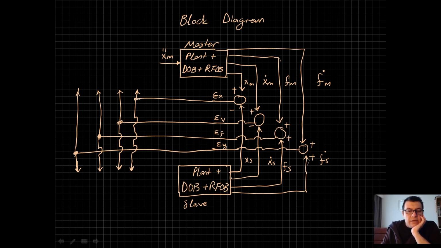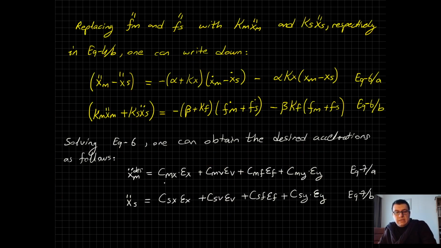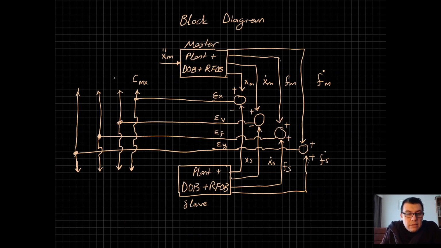Now EX was being multiplied by C master X, right? CMX. And here C master velocity, C master force, C master Young. So these coefficients are already calculated.